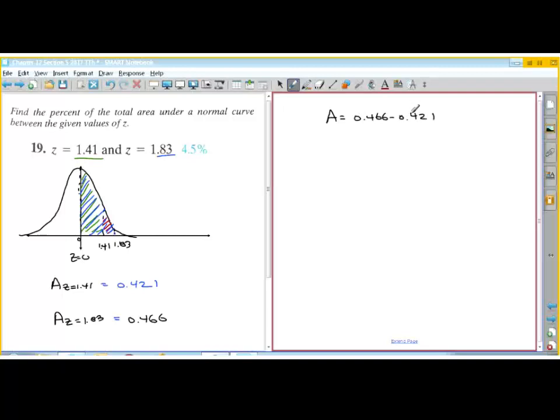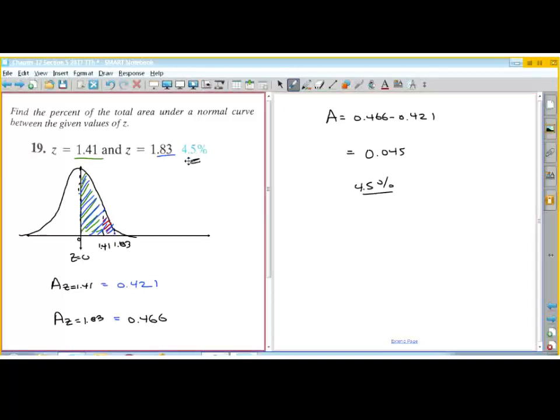So if you subtract the wrong one, you'll get a negative number, and you'll say, oh, I made a mistake. I'll make that positive, or I'll go change what I did. So I take 0.466 minus 0.421, and I get 0.045, or 4.5%, which is the answer that we got over here.